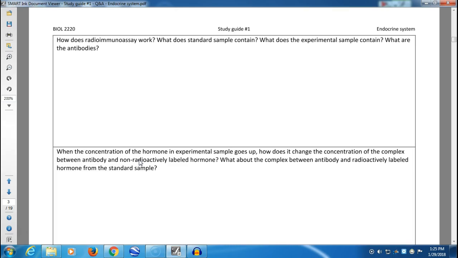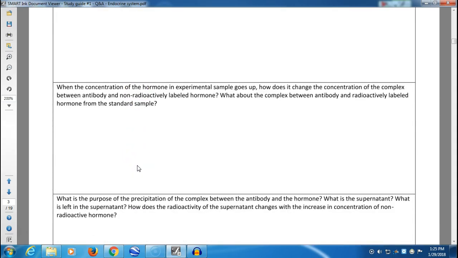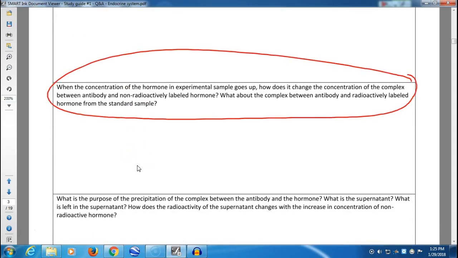This pretty much allows you to work your way through the method. As the concentration of non-radioactive hormone goes up, the concentration of the complex between your experimental hormone and the antibody goes up as well.